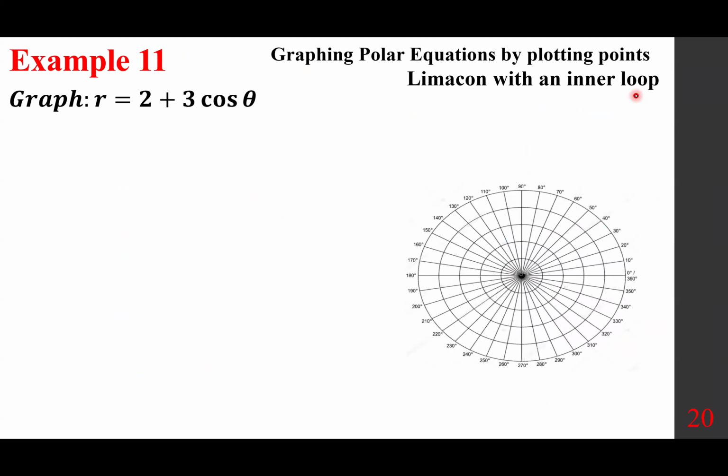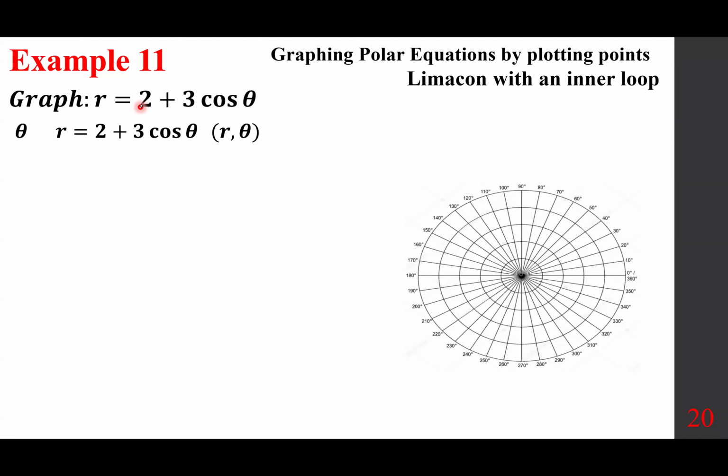We're going to continue. Graph r equals 2 plus 3 cosine theta. So r equals 2 plus 3 cosine theta, and r comma theta.